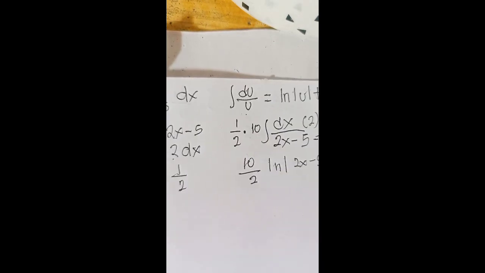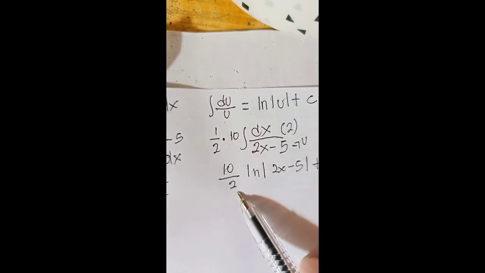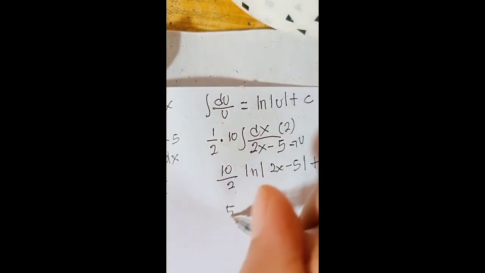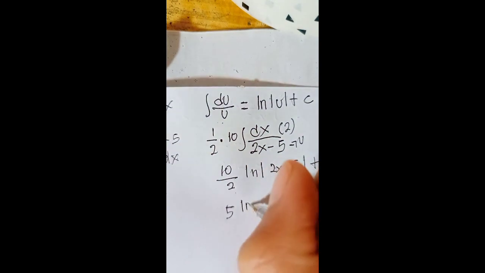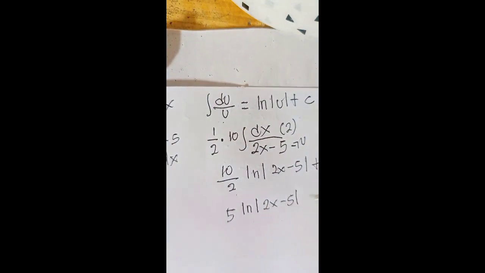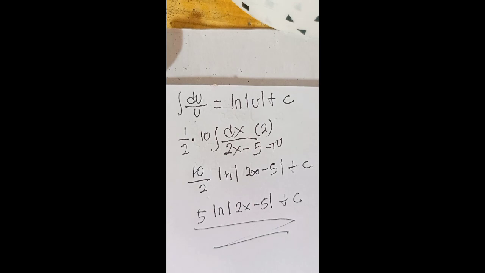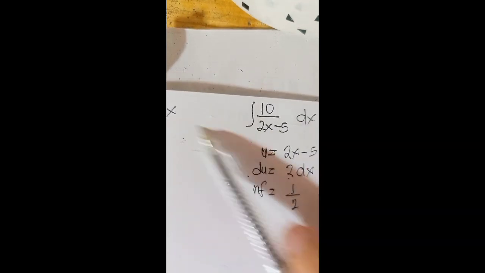So we can simplify this equation: 10 over 2 is equal to 5. The natural logarithm of 2x minus 5, plus c. So now this is our answer in integrating 10 over 2x minus 5 dx.